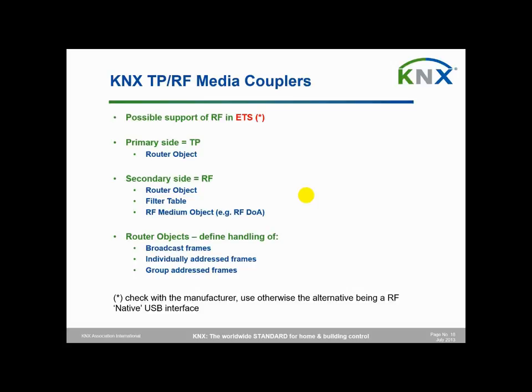Such a media coupler has its runtime role, but it can also serve a configuration or commissioning role, because the exact same device can be used by ETS to reach and commission these RF devices. That's the point I wanted to make here.